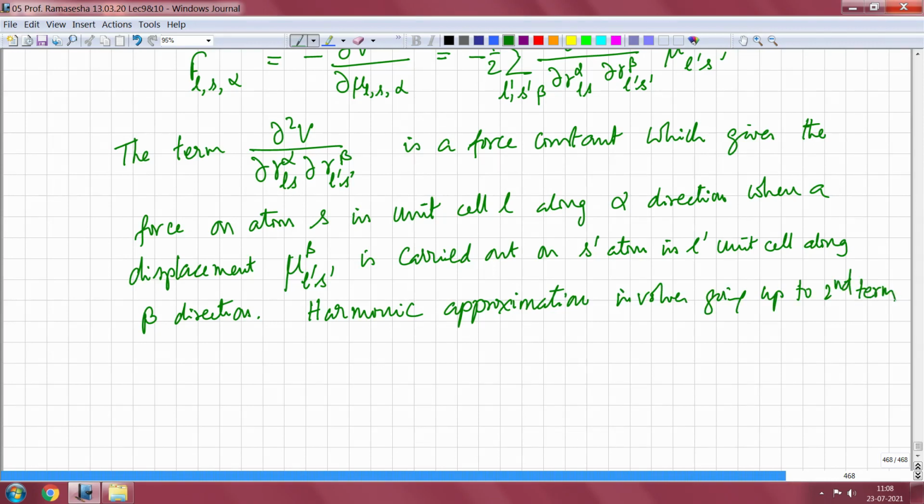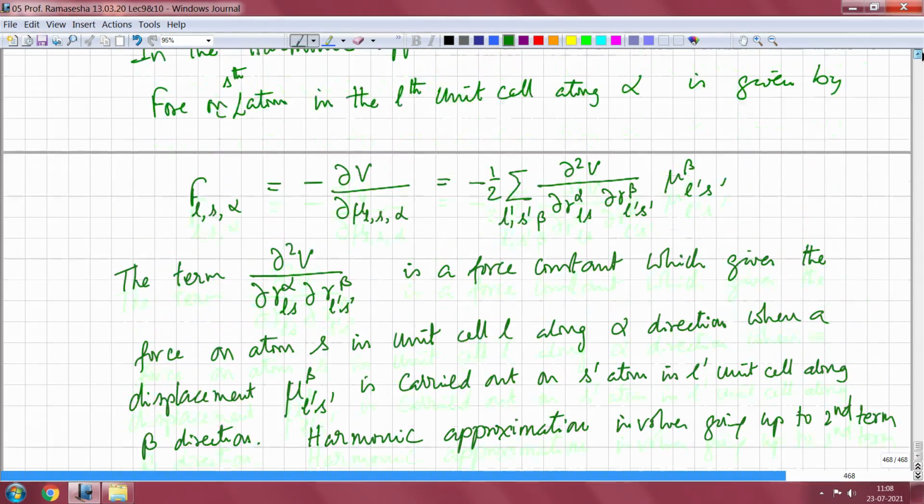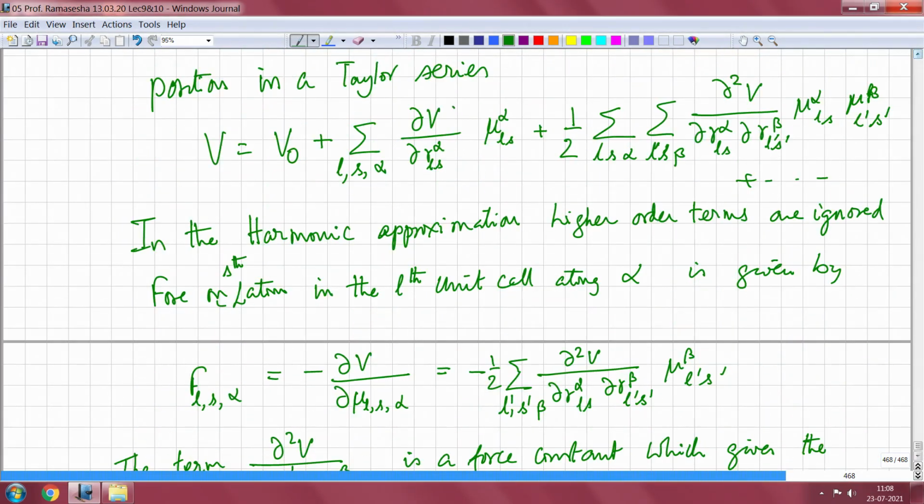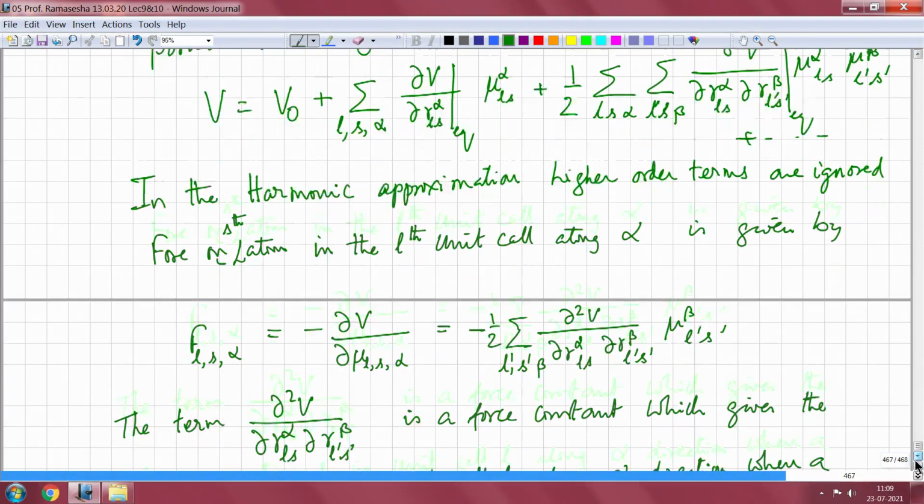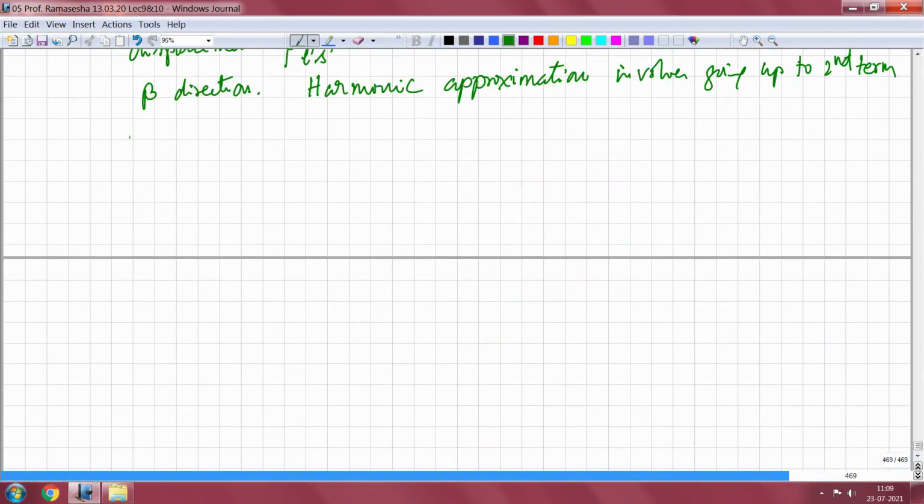Now you can ask me what happens to the first term. Okay. All these things are done at equilibrium. And V0 is a constant energy, and we can actually take it as 0 to define the 0 of energy.